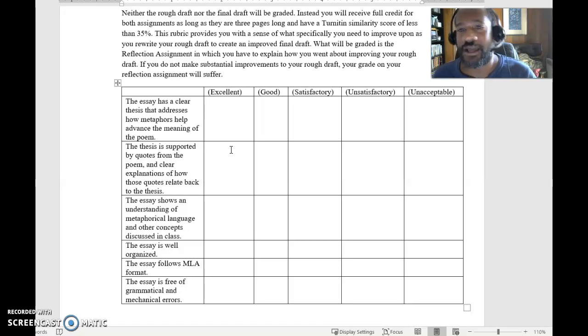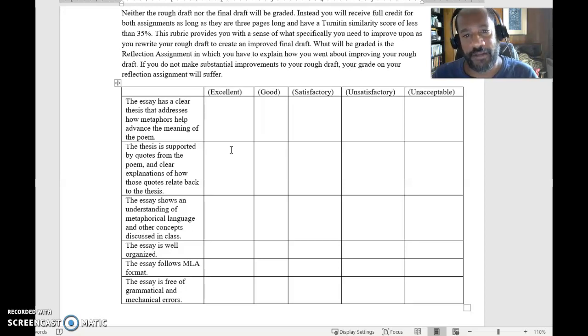However, you're not going to be able to get a good grade on your reflection, which is the final element of this. In the reflection, you're going to talk about what you did as you moved from the rough draft to the final draft. And so I want to see some kind of movement in there. I want to see that you've made some changes.